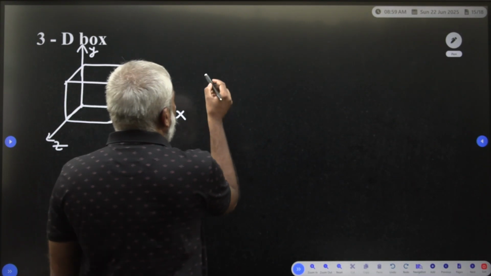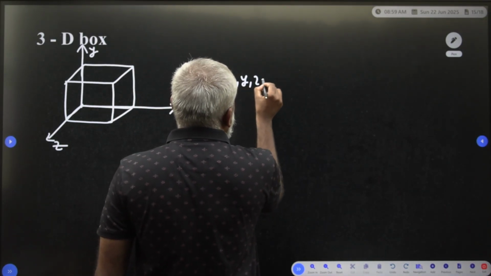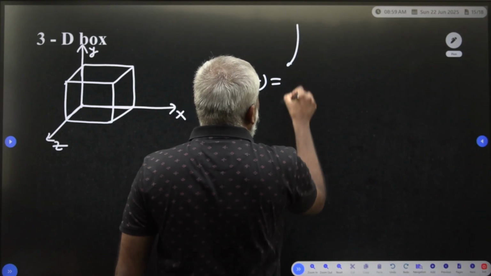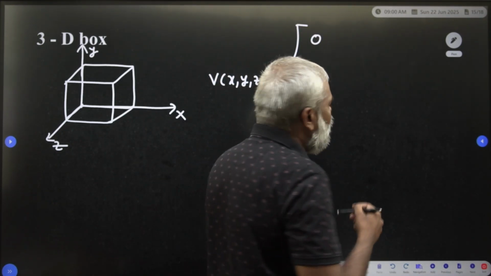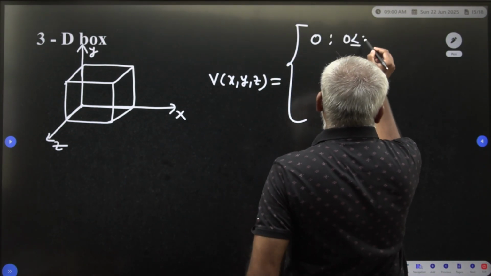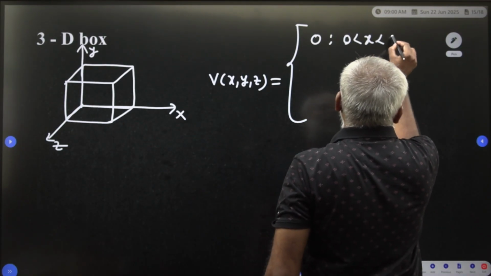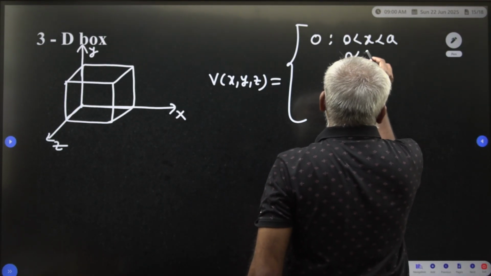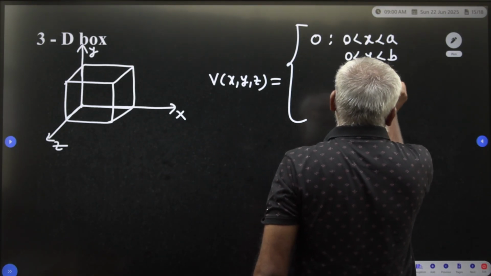Now you have to define the potential V of x comma y comma z. The potential is 0 when 0 is less than x is less than a, 0 is less than y is less than b, and 0 is less than z is less than c.